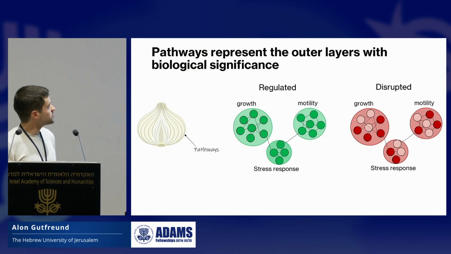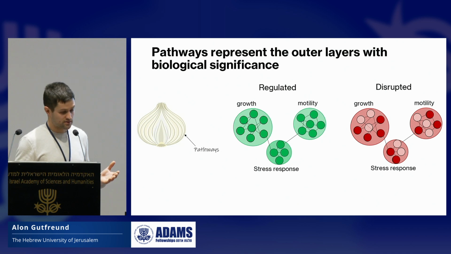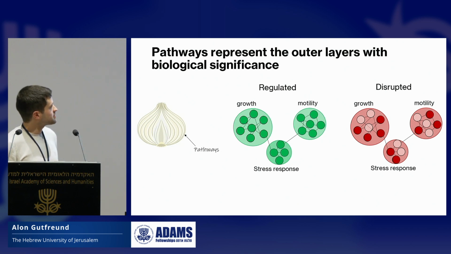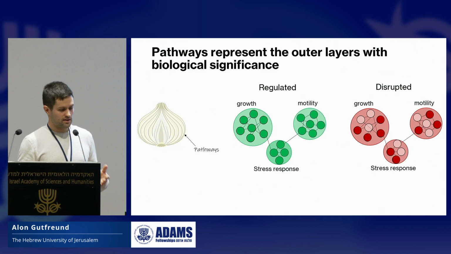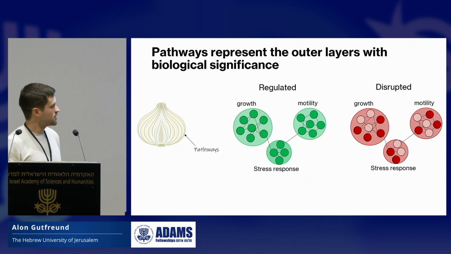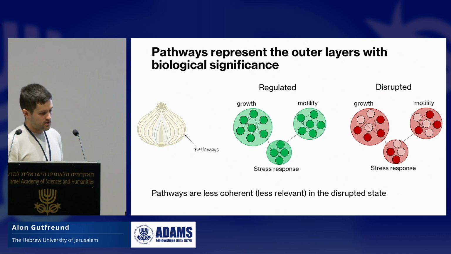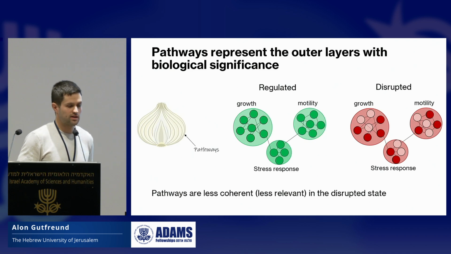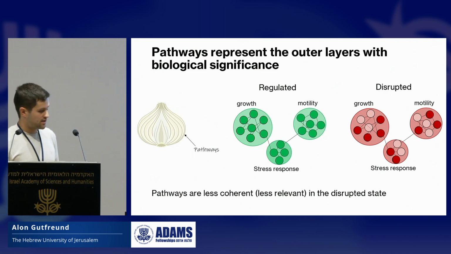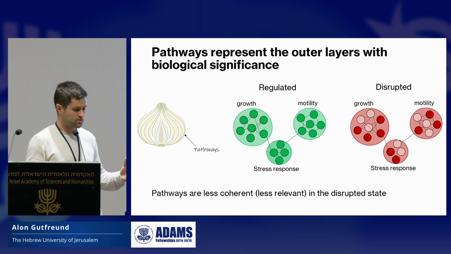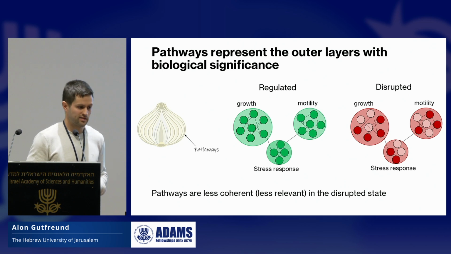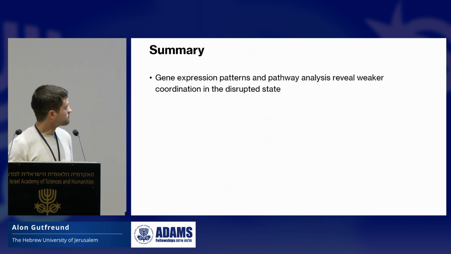But when we look at cells that are disrupted, the activation of these pathways becomes less coherent, meaning not all of the genes in a specific pathway are expressed simultaneously. So the pathways in the disrupted state are less coherent, less relevant, and again, this is what reveals this inner layer of randomness.